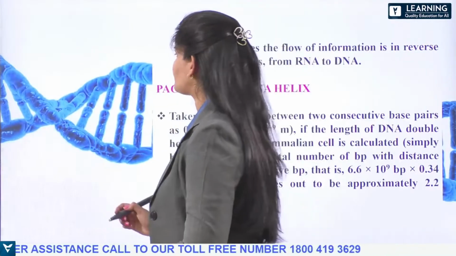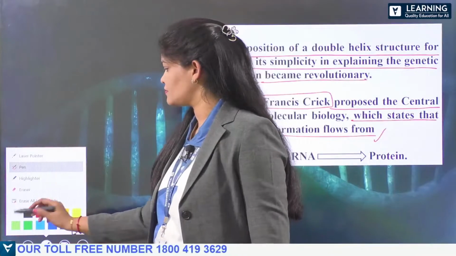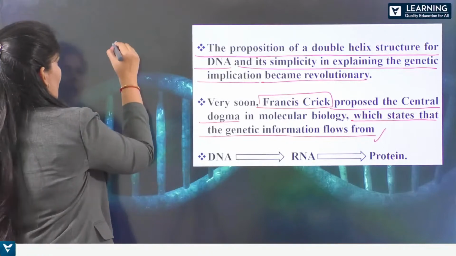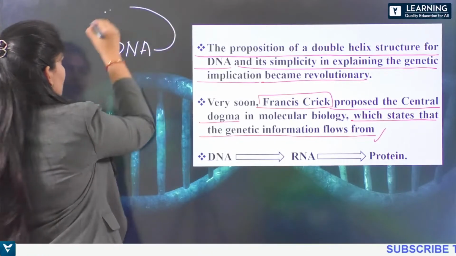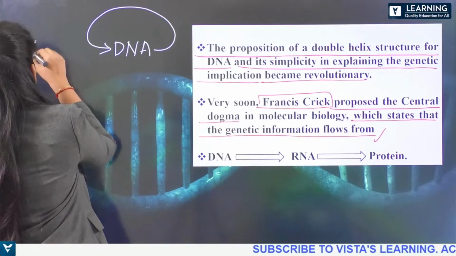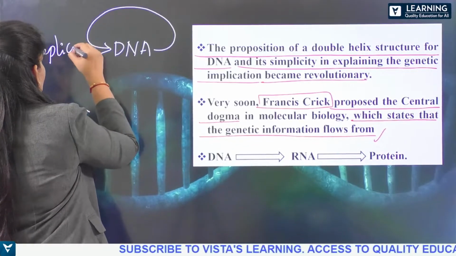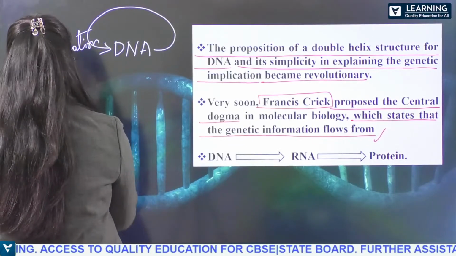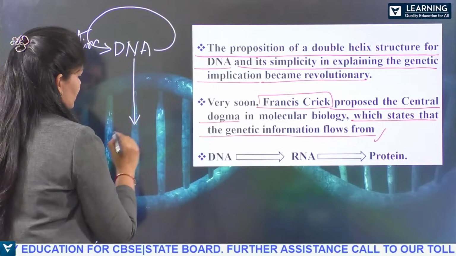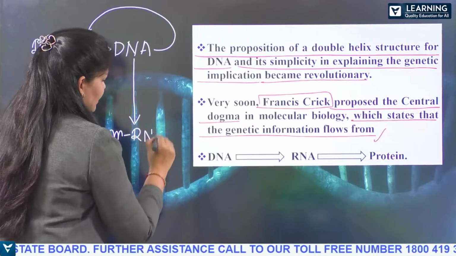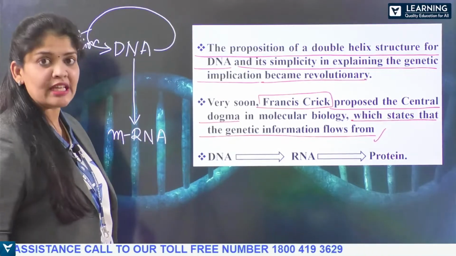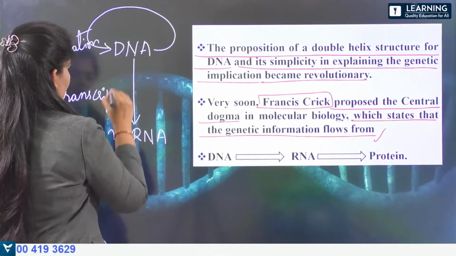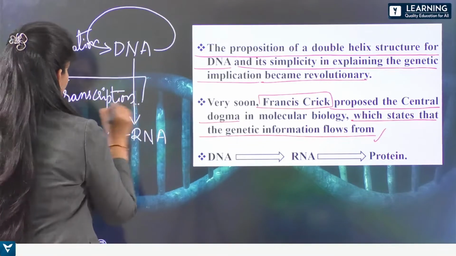So here, I'll write. This is all about the central dogma of molecular biology. DNA makes its own copy by means of replication. Now, the information present in the DNA is transcribed into mRNA, messenger RNA, and that process is called transcription.